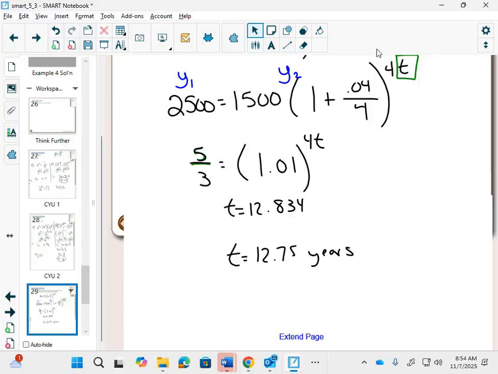The nice thing about interest rates is it's everybody's favorite way to make money. Why is it the favorite way to make money? Because you make money by doing nothing. That's everybody's dream job.